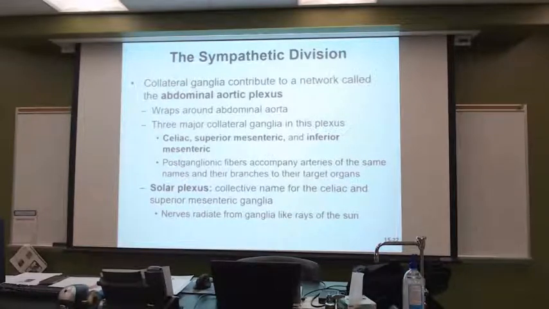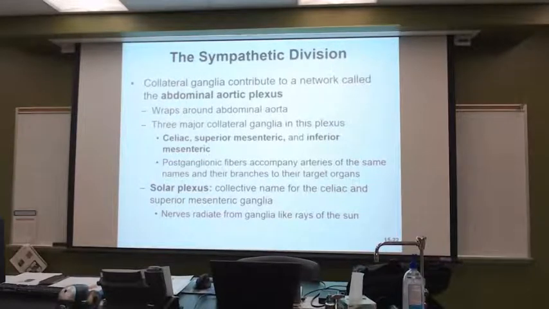And remember, ganglia are areas of nerve cell bodies. Because this is the autonomic nervous system, they create the chain ganglia, if you remember. Then we had some of these ganglia running the length of the abdominal aorta. Then we had some collateral ganglia out here in the abdomen area.